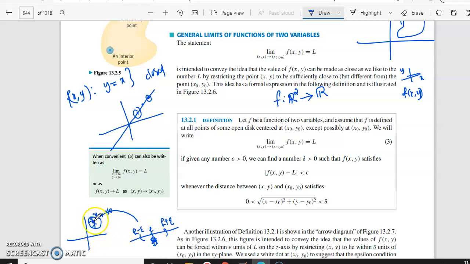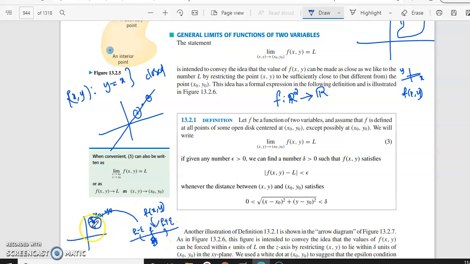Okay, so we say that f of xy approaches L. So for f of xy there will be a corresponding f of xy value, and that value must be in the interval L minus epsilon to L plus epsilon.